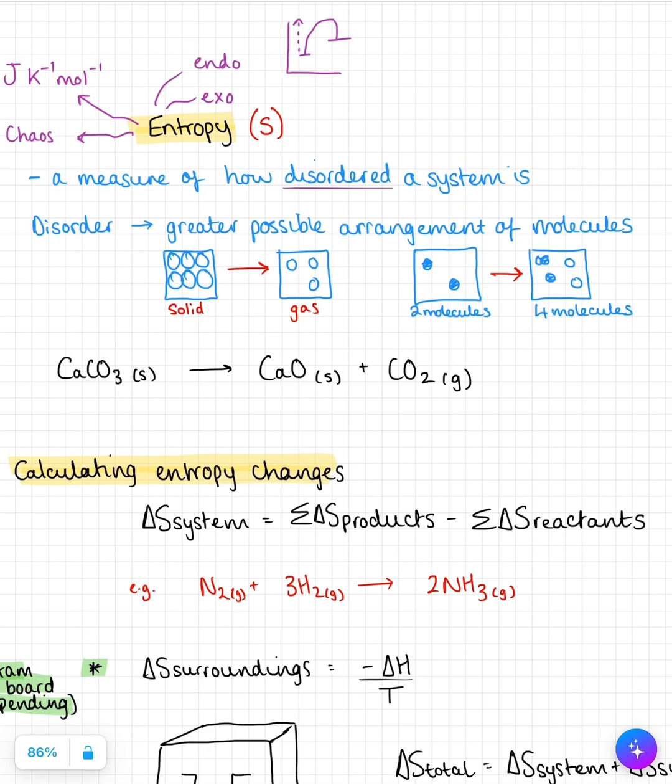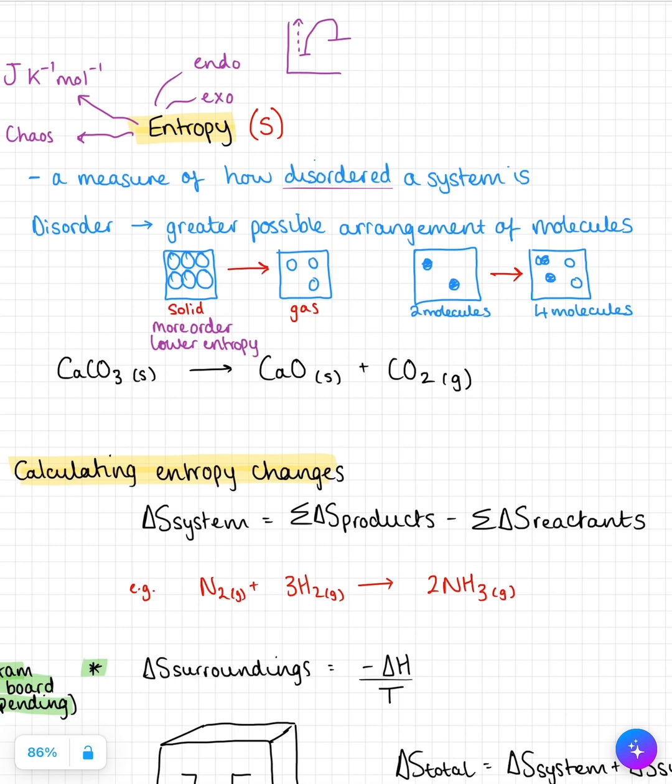Looking at the possible arrangement of atoms or molecules will give us an idea about entropy. In a solid, there is more order. There's a regular arrangement of our atoms or particles. They are in a regular pattern, therefore highly ordered, so less disorder, meaning solids have lower entropies.